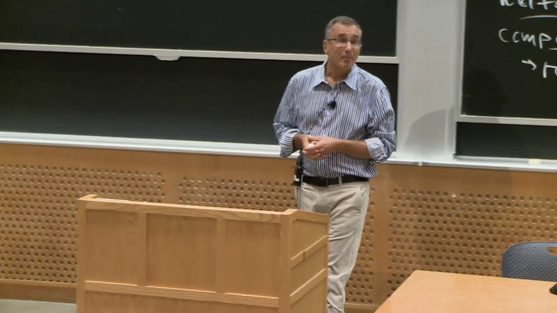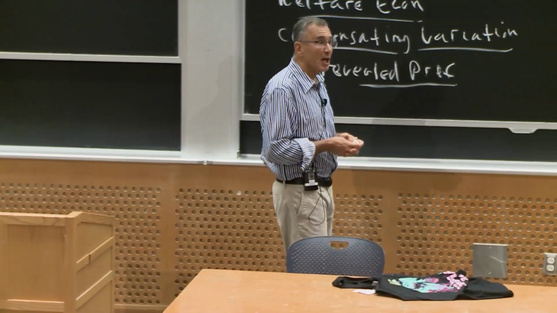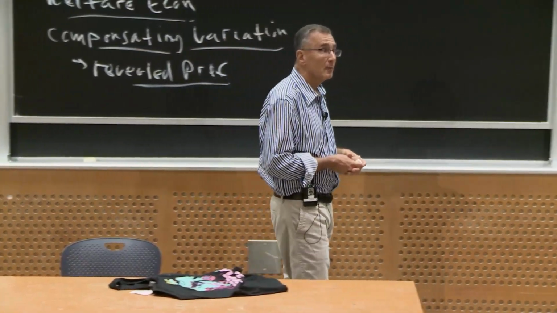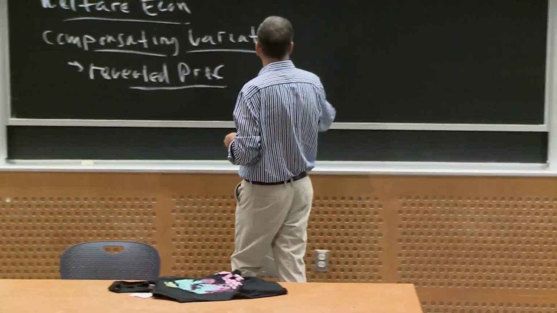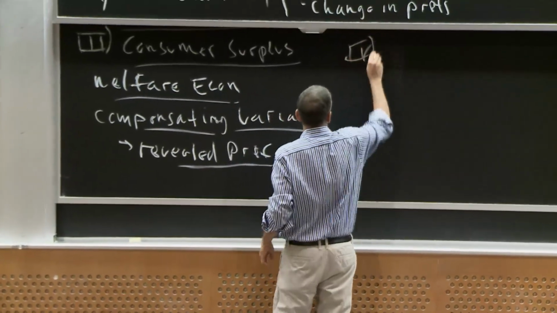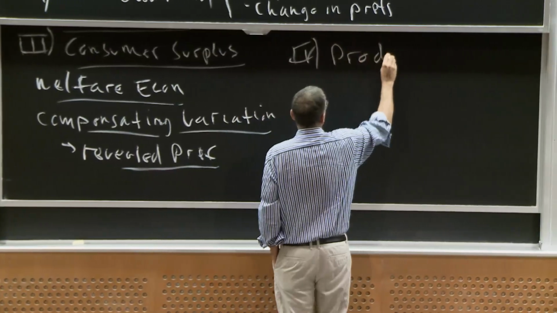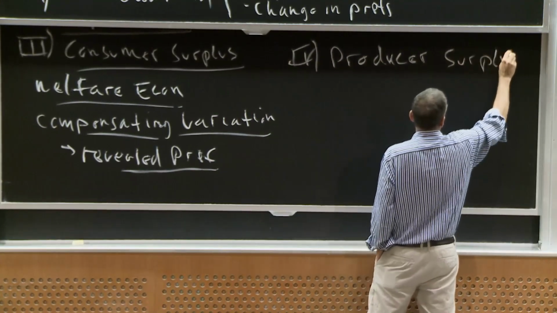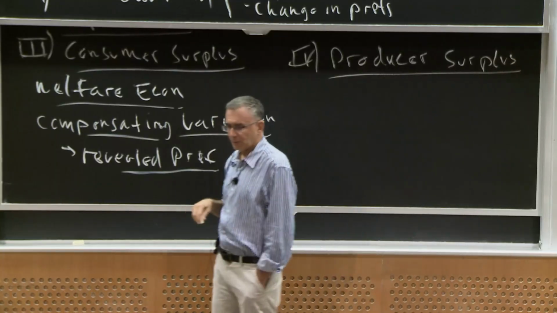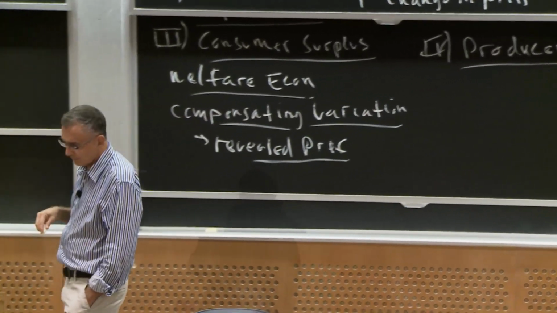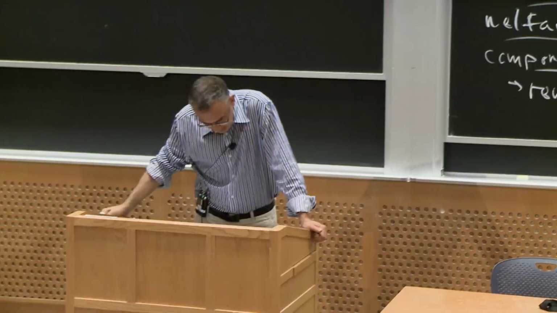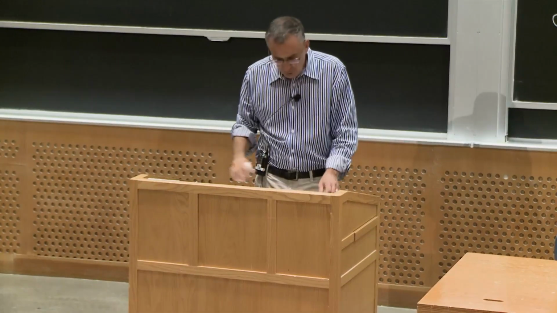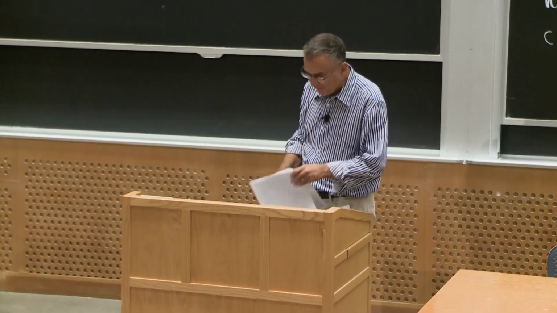Okay. People aren't the only thing we care about in this economy. We care about firms too. So now we turn to the other side, which is producer surplus. Basically, producer surplus is the flip of the analysis.